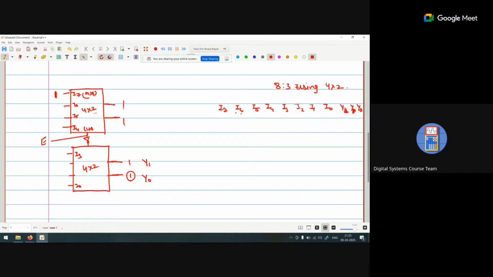When E is 0, this one will be active. When E is 1, this one will be active.